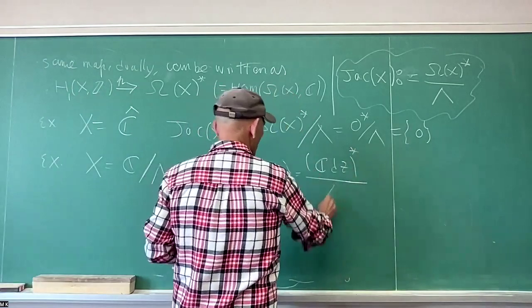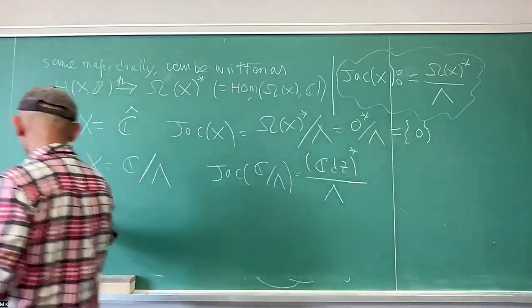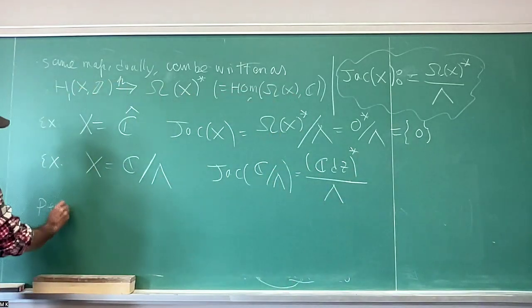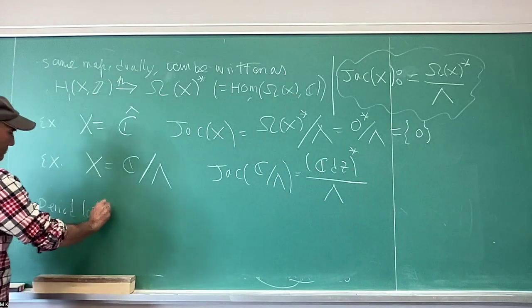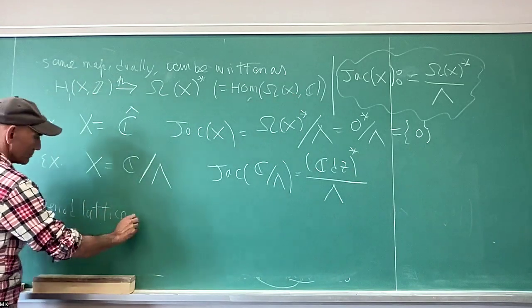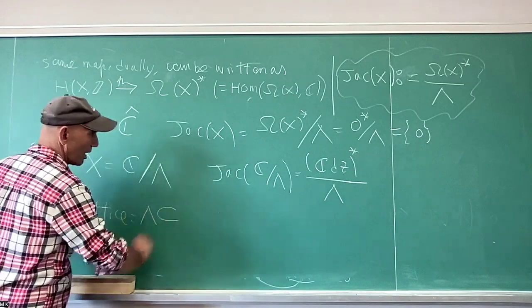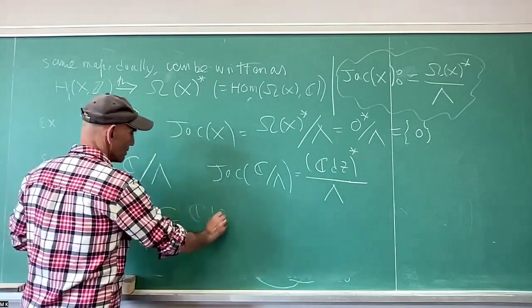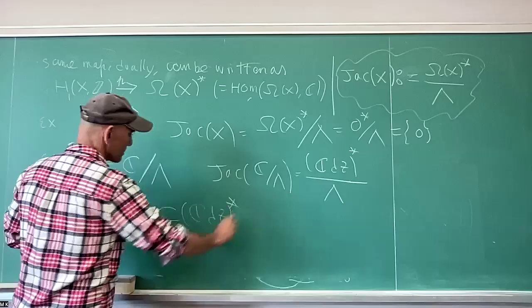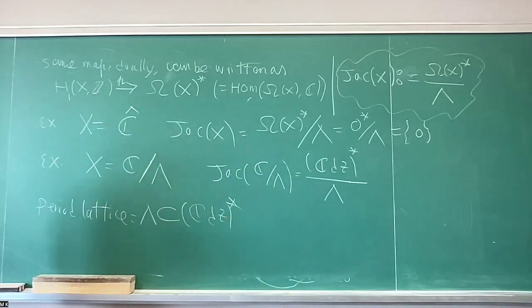Now what is the period lattice, which is inside C dz star? We have to take 2 cycles in the torus and integrate dz over those 2 cycles.